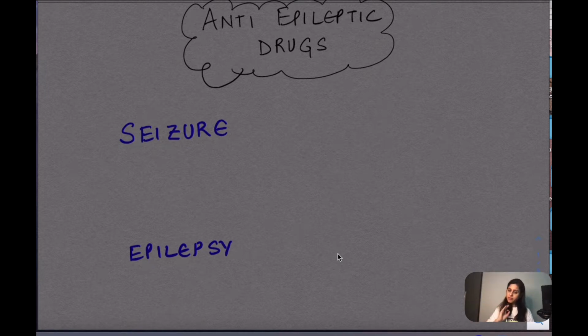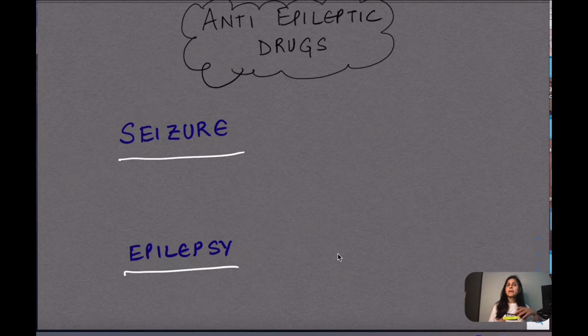Before I go into the types of epilepsies, first let's see there are two terminologies. Sometimes they are used interchangeably, but actually they're not the same. Sometimes people use seizure, sometimes people use the word epilepsy.